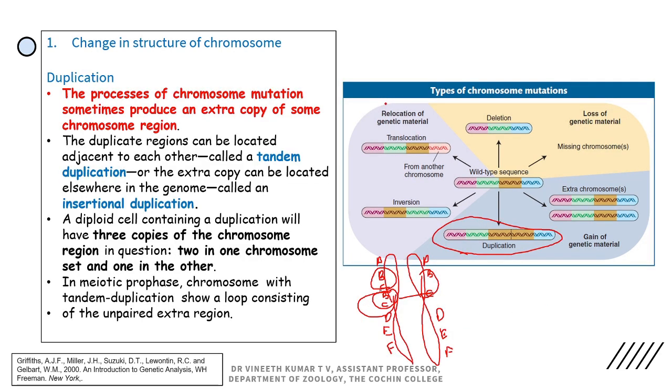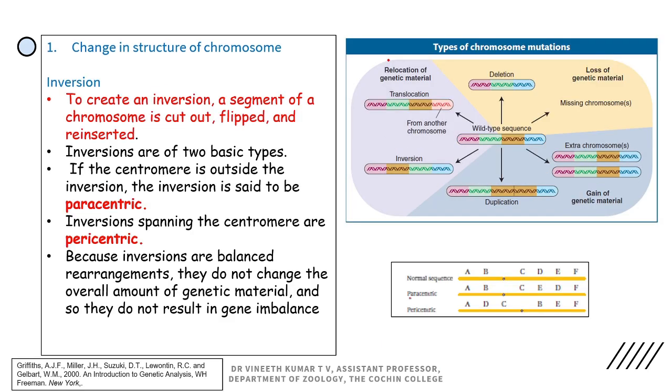But in duplication, the loop is formed in the duplicated segment, not in the normal one, because the extra portion is in the duplicated one. As a result, the mutated one will show a loop in the case of duplication. So coming to the third change, which is inversion.